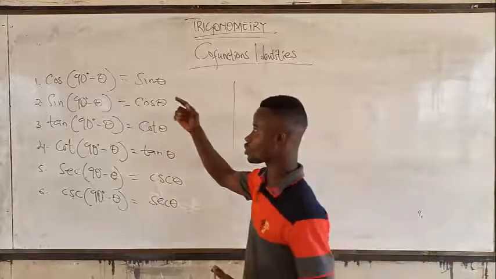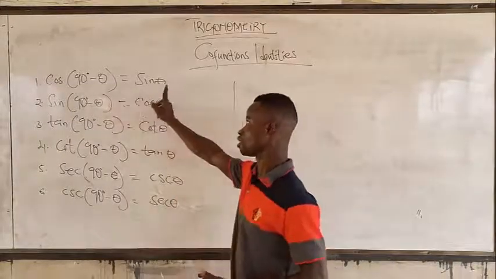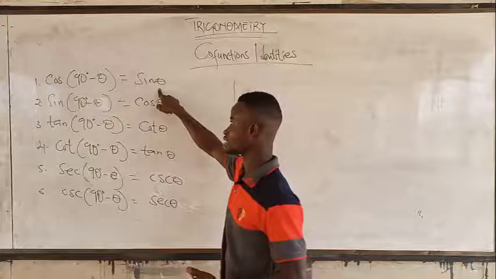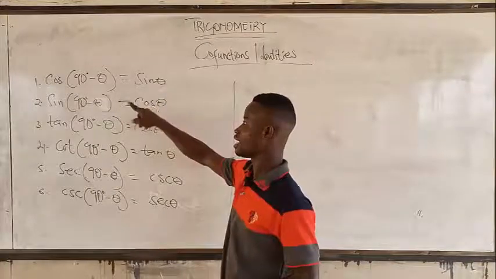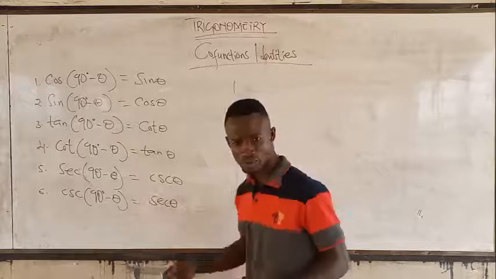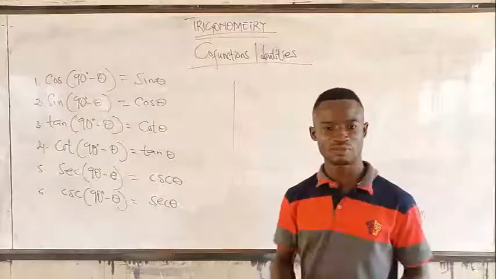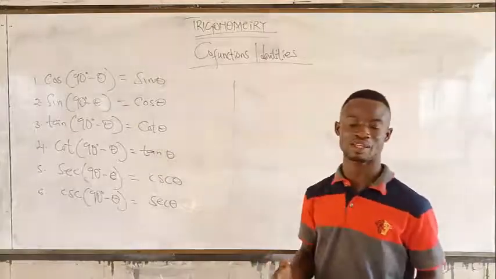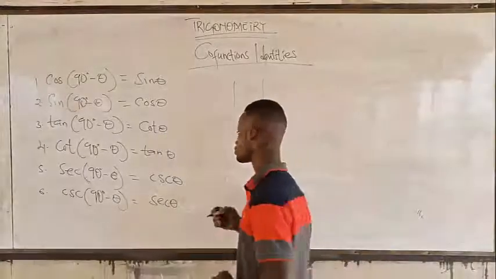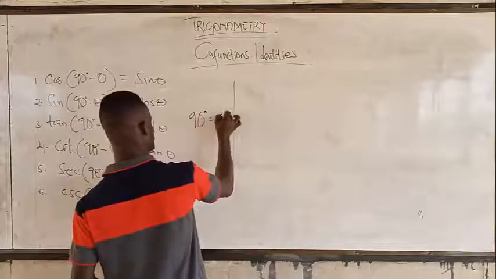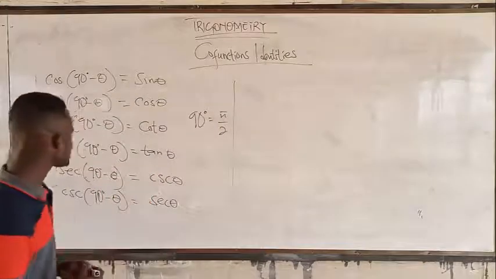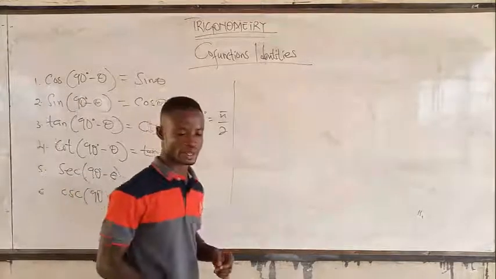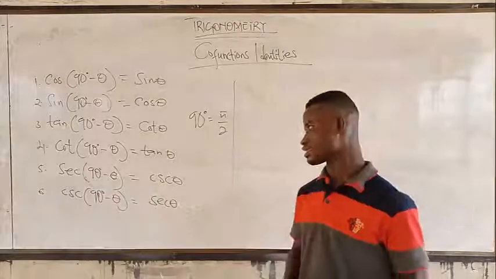When we have cos of 90 minus theta, that is the same as taking sine of theta. Now, bear in mind that we can derive similar identities for a real number domain by replacing 90 degrees with pi on 2.